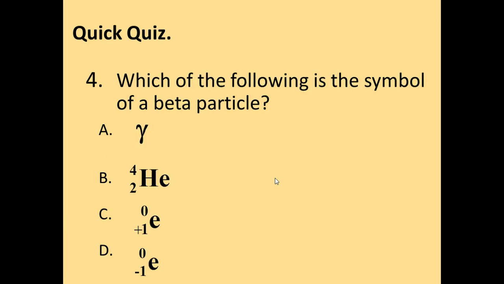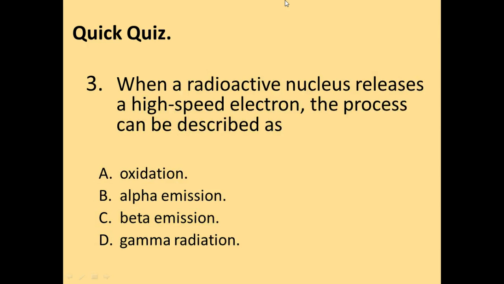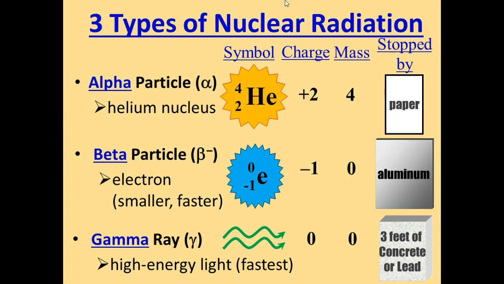And the last question is, which of the following symbols is a beta particle? So let's go back to the chart about beta particles. Beta particles are B negative, or they're 0 e with the subscript -1.